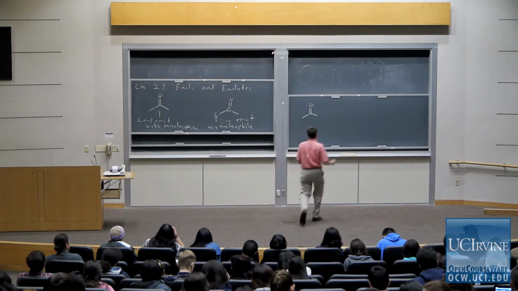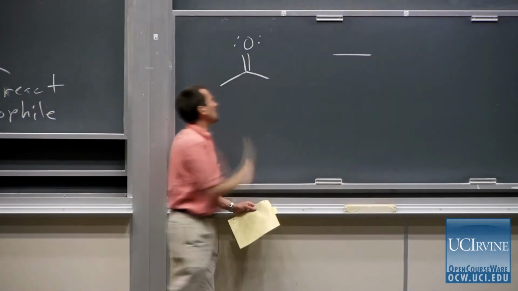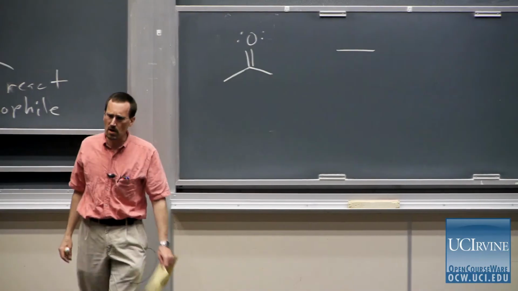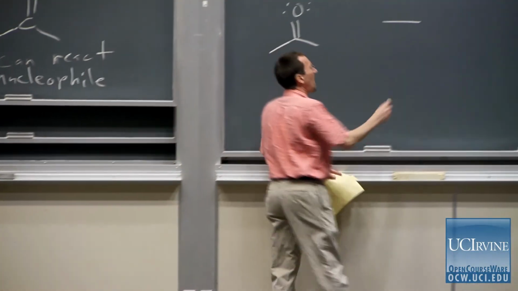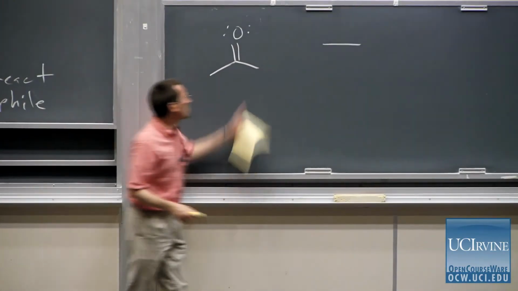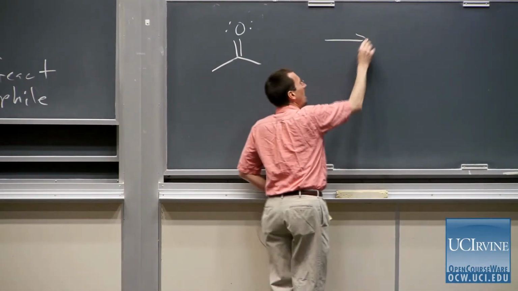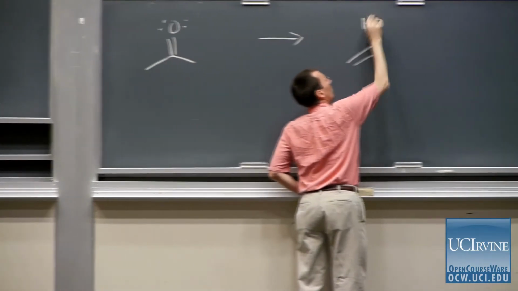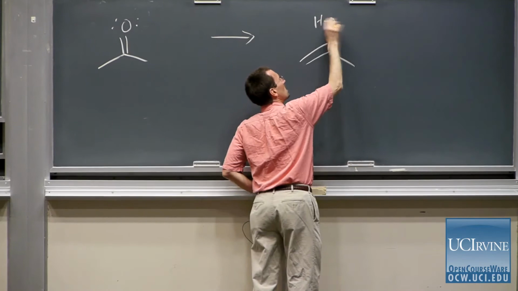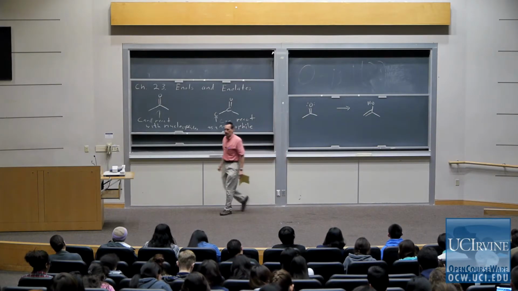So I'll write an equilibrium where we have, and let's just take this as acetone right now. We'll be going through with various examples, but let's just pretend you have acetone or some ketone or aldehyde. And so we have this equilibrium where we have another species, and now the species is obviously very different.